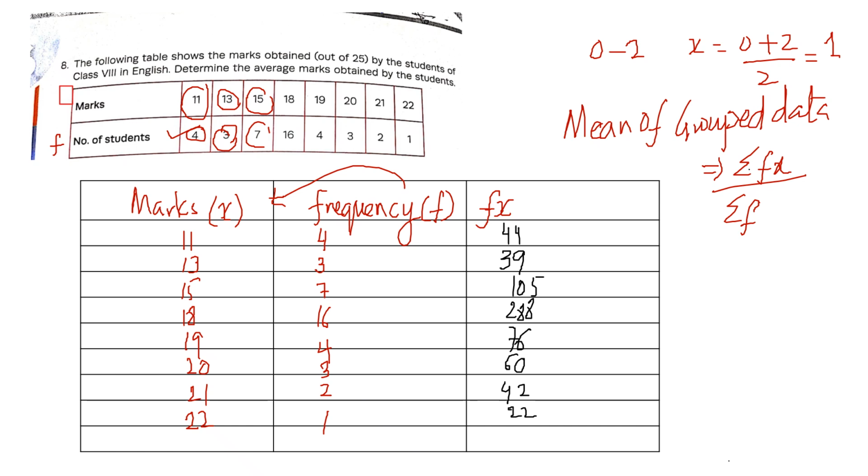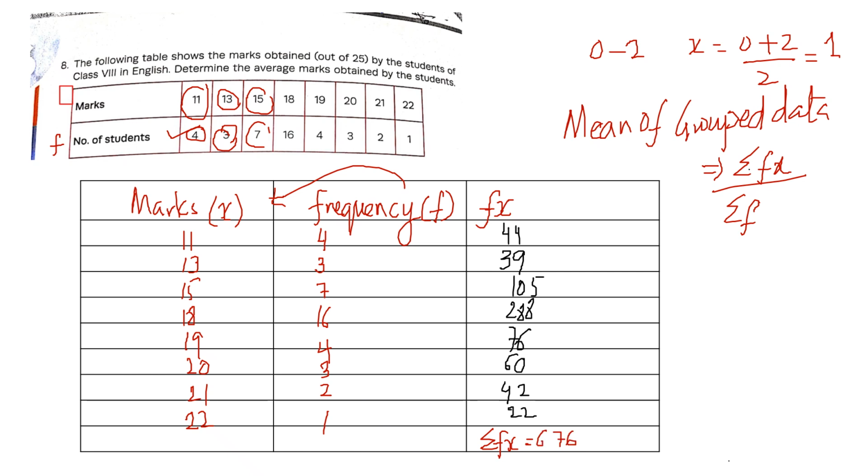Now we need to sum up these values, and we will write sum of f x here. Sum of f x will be 44 plus 39 plus 105 plus 288 plus 76 plus 60 plus 42 plus 22, and it will give you 676.